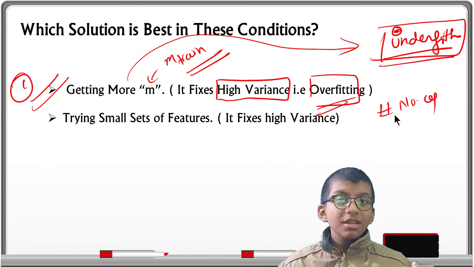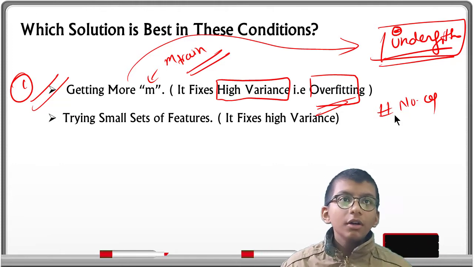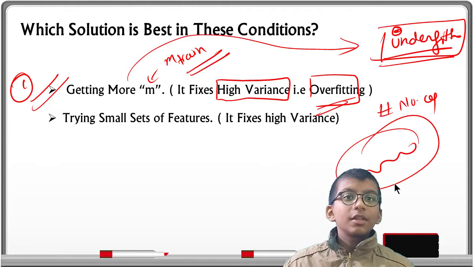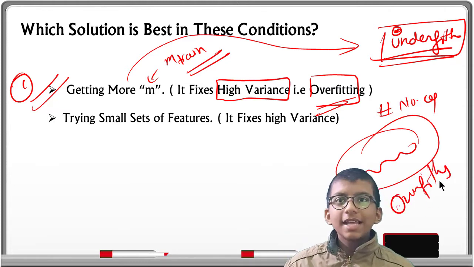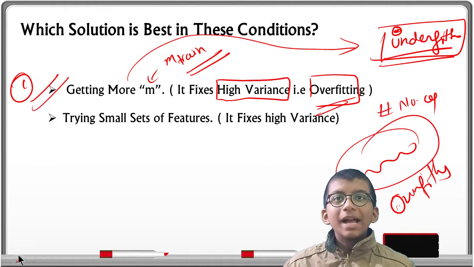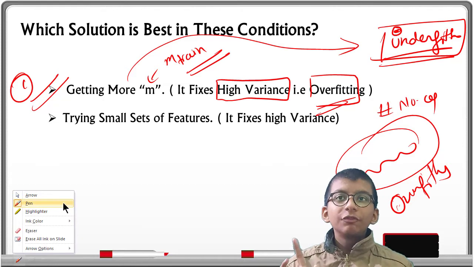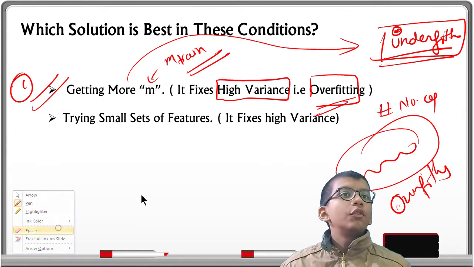If we do not eliminate the features, they form a curve-like structure, and that causes overfitting. By getting smaller sets, by eliminating our features, we will fix our issue of overfitting.